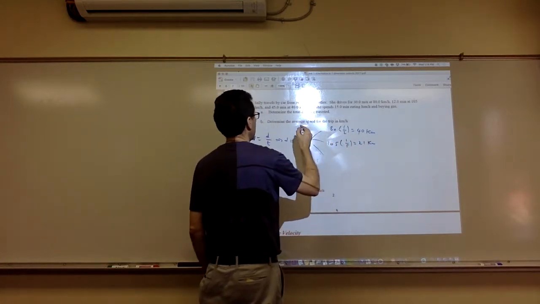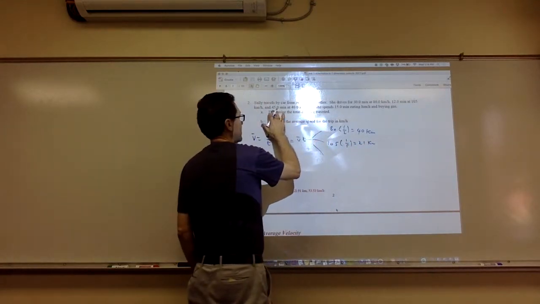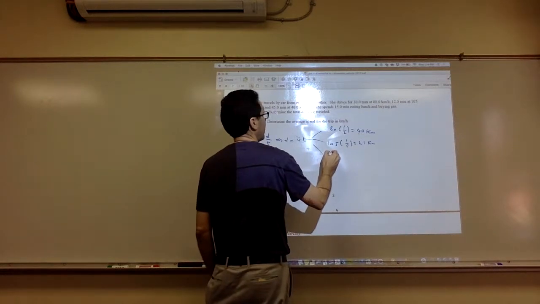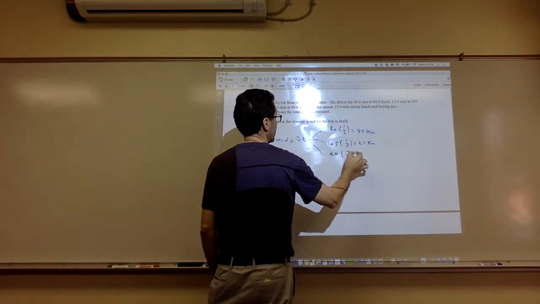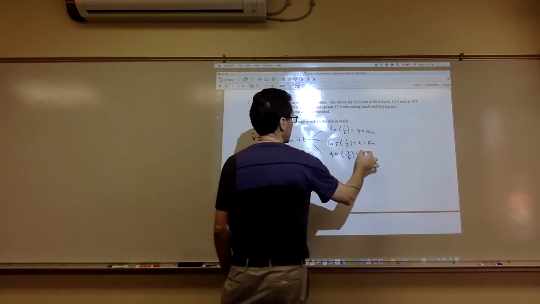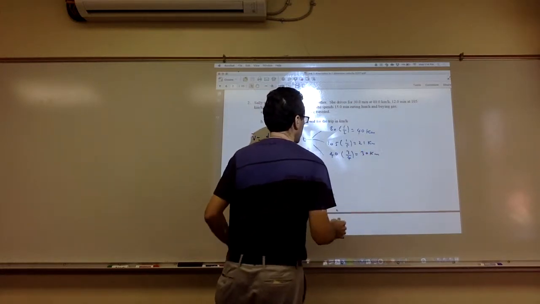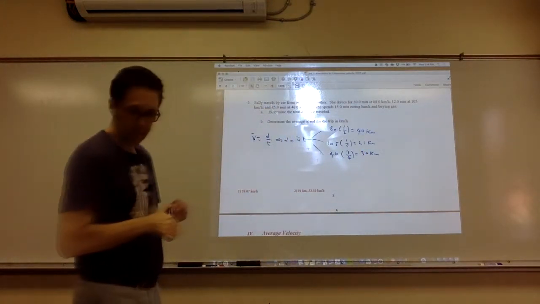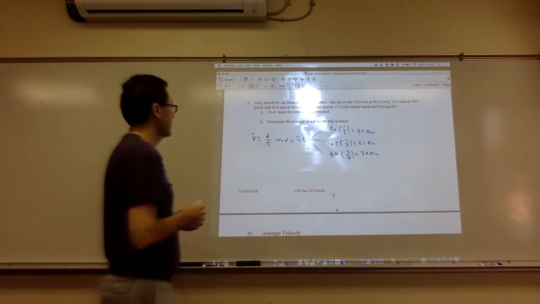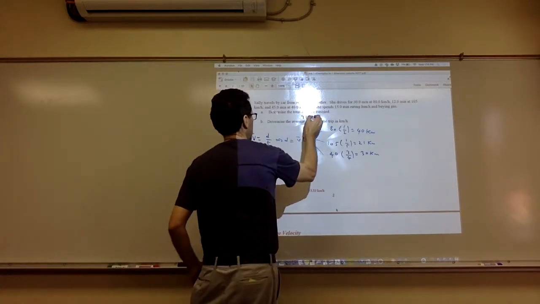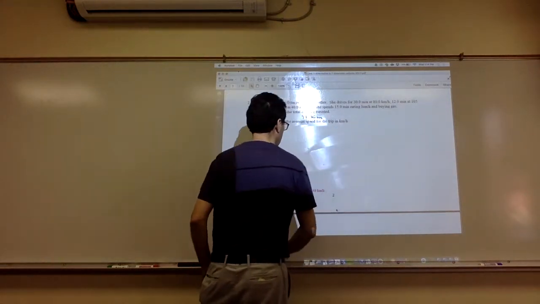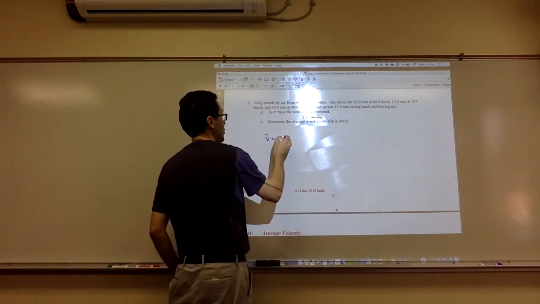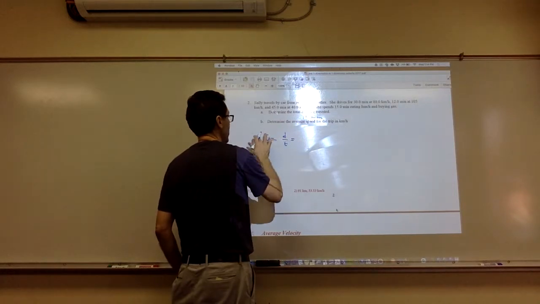And for the last part, you do 40 times 45 minutes, which is 3/4 of an hour, so that's going to be 30 kilometers. And you just add this, and you should get 91 kilometers. Okay, so for this part here, it's 91 kilometers. Now to find the average speed, you take the total distance over the total time.